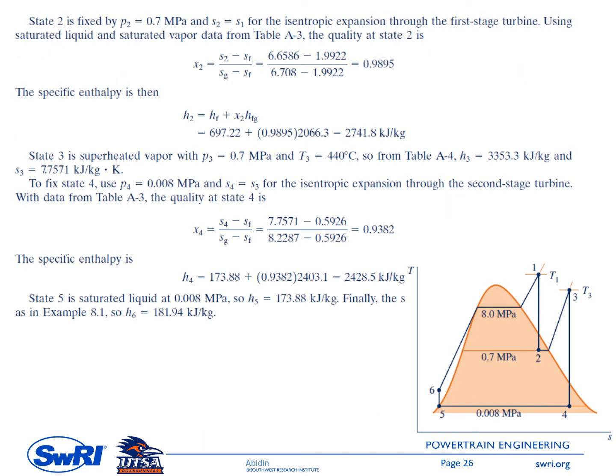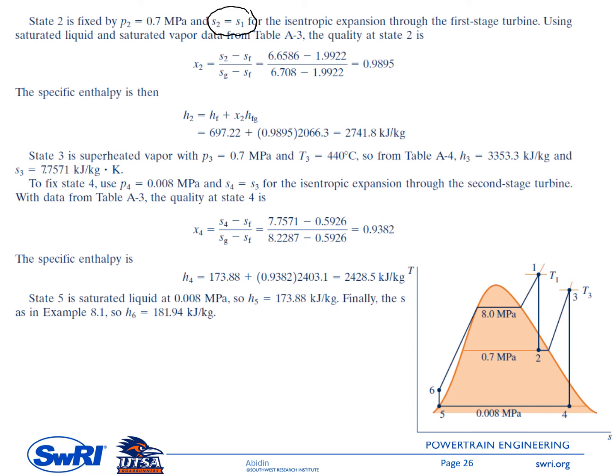Okay, state number 2 is fixed by the given pressure, 0.7 megapascal, as well as this: the entropy at point 2 equals the entropy at point 1. So you need to go to the pressure table of water. It is table A3. This is SI units, so you need to use table A3, not A3E.